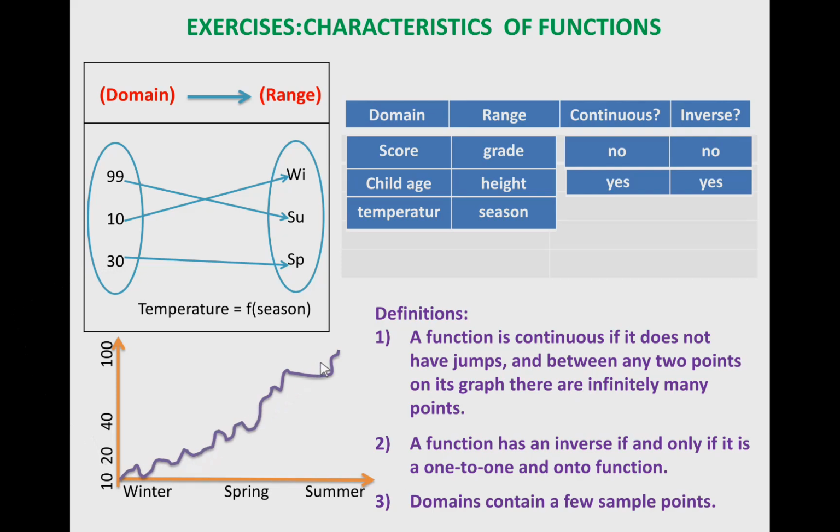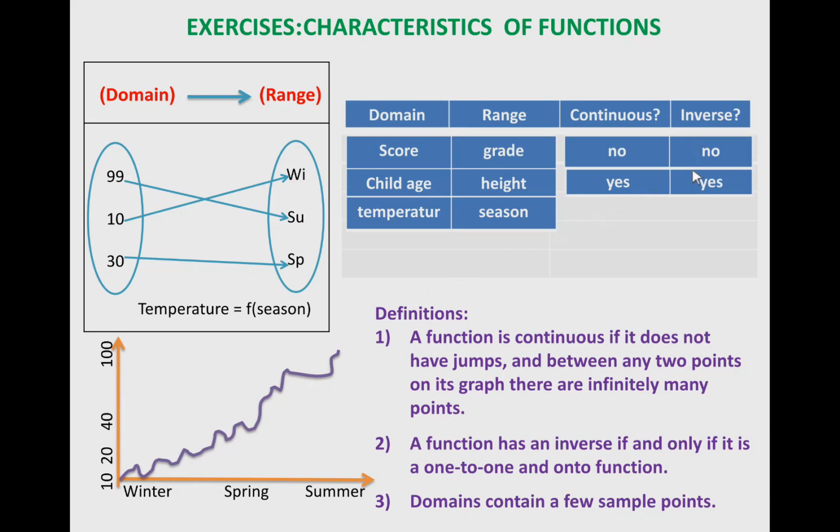I don't know, 48 or 49, I don't remember. But anyway, we can see that the function is continuous. Although we just have samples, the temperature changes gradually. Temperature does not jump, it changes gradually, and for that reason the function is continuous.